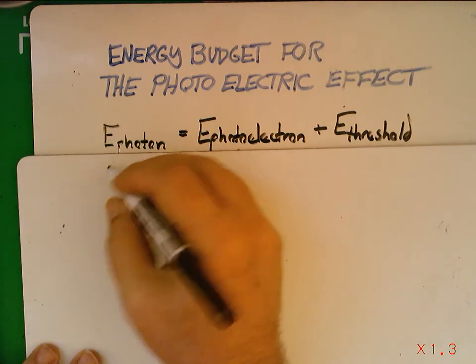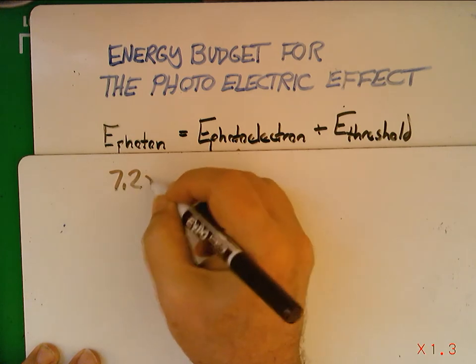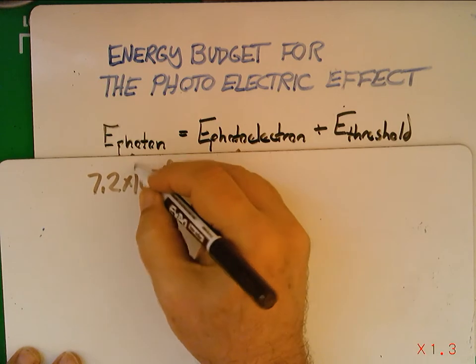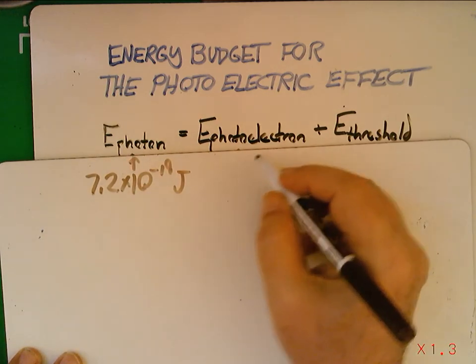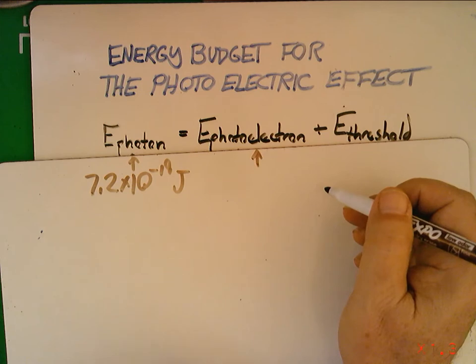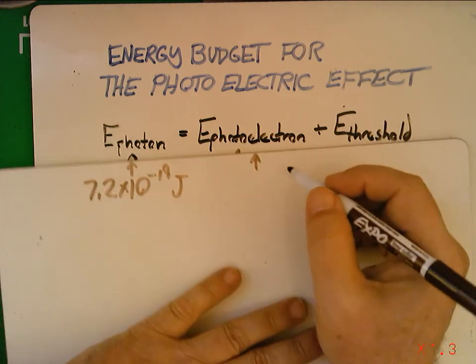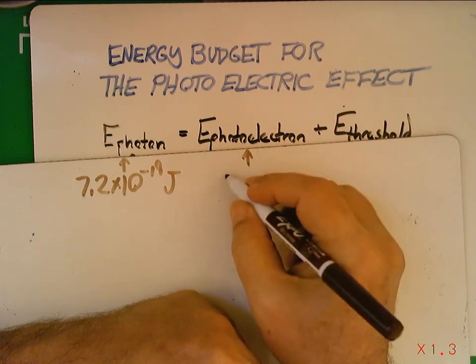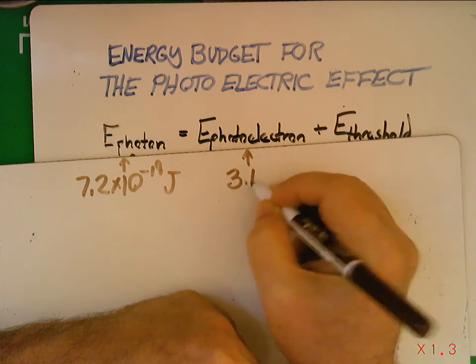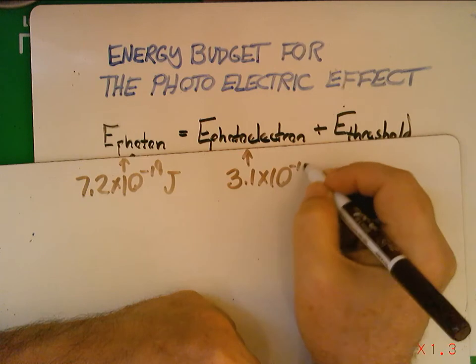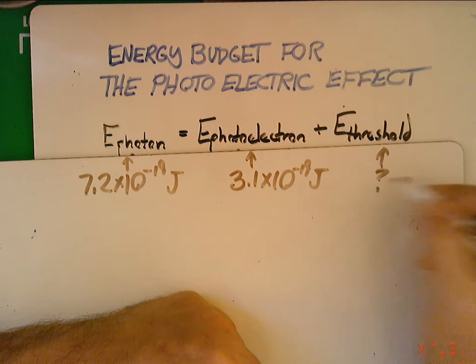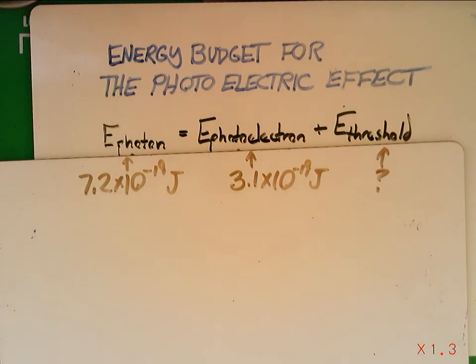Let's say 7.2 times 10 to the minus 19 joules is your photon energy, and the photoelectron's kinetic energy is 3.1 times 10 to the minus 19 joules. And then we turn around and ask, what's the threshold energy? How much energy does it take to pull an electron out?